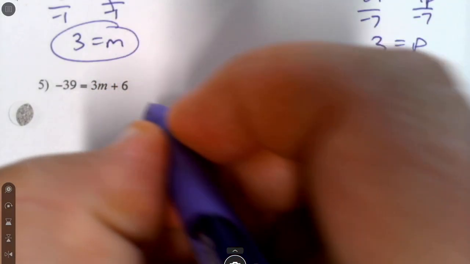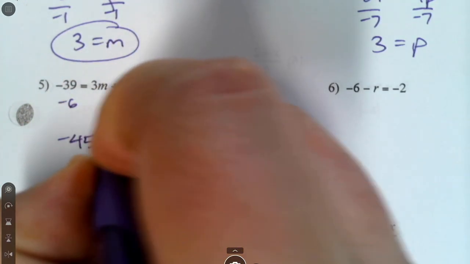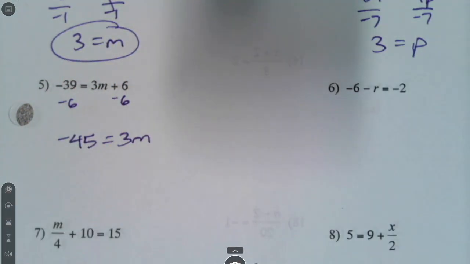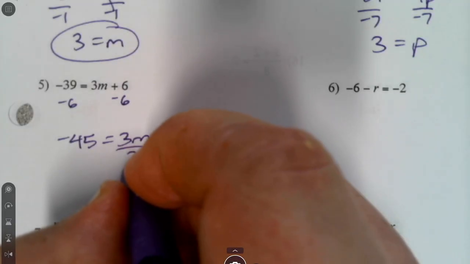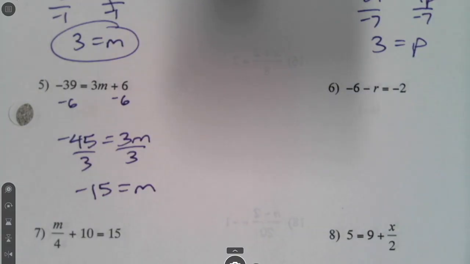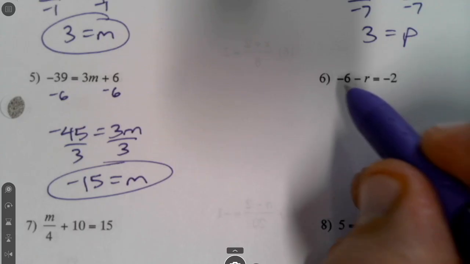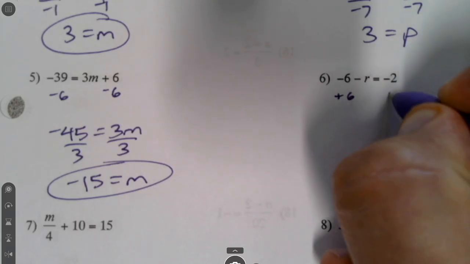We take care of the constant, the 6, so we subtract 6 from both sides. Then we take care of the coefficient, which is 3, so we divide both sides by 3. Okay, here the constant is -6. Since the 6 is negative, we have to add 6 to both sides.